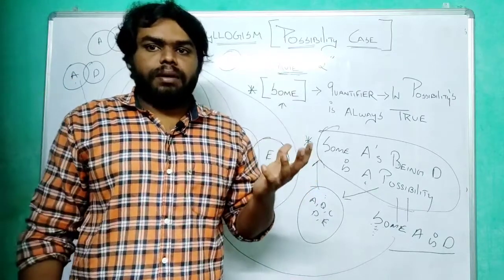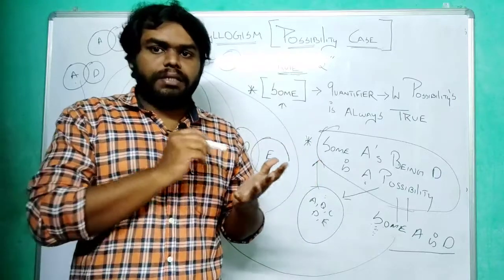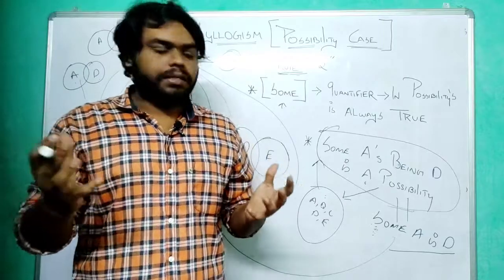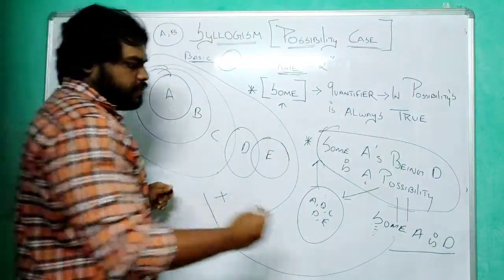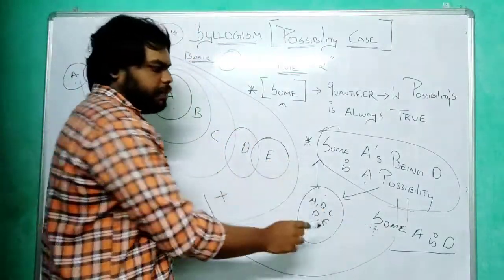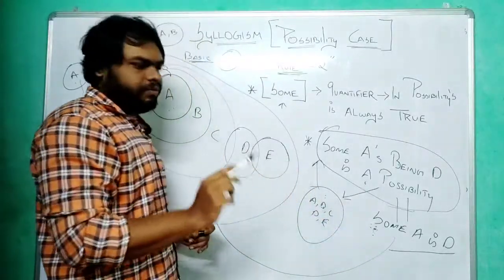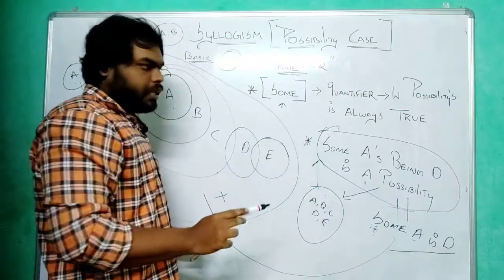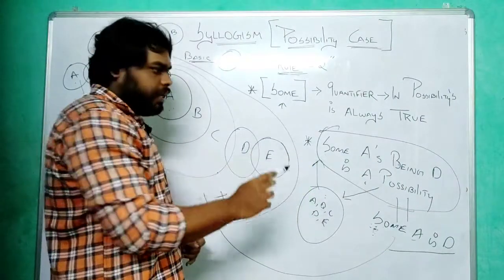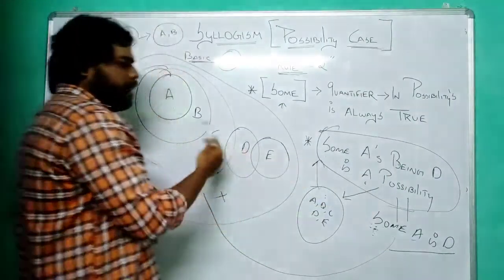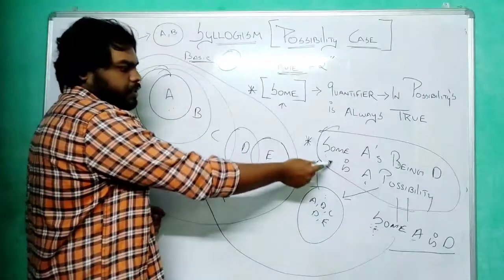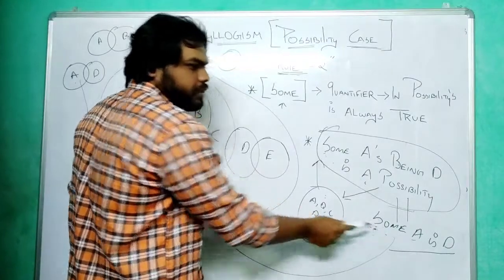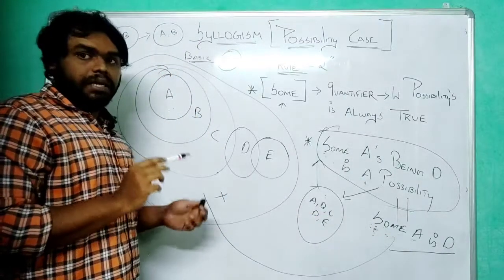But in some Indians are rich, I am definitely saying that some Indians are definitely rich, right? These are two different things. So in this case, it is a definite statement. It is 100% saying that at least some of them, some A is D, right? But it is not sure here. It also means that it might or might not connect. So we should check for possibilities in this case, and we don't check for possibilities in this case because this is a direct statement. This is a definite statement.